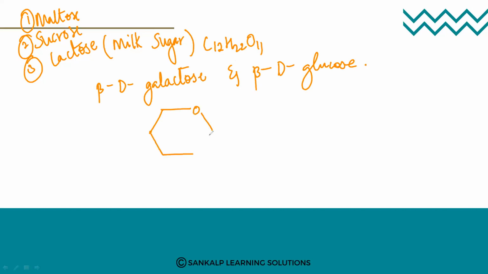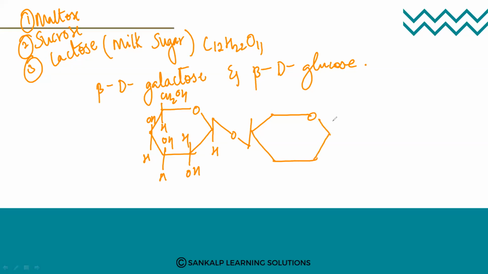So this is the structure of beta D galactose and beta D glucose.